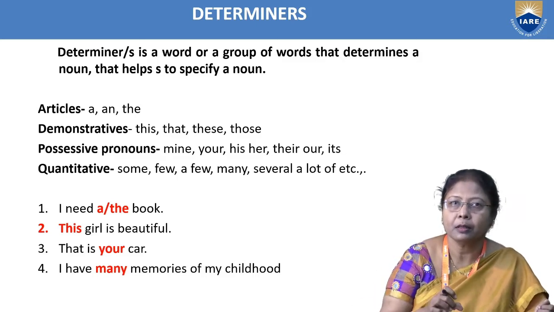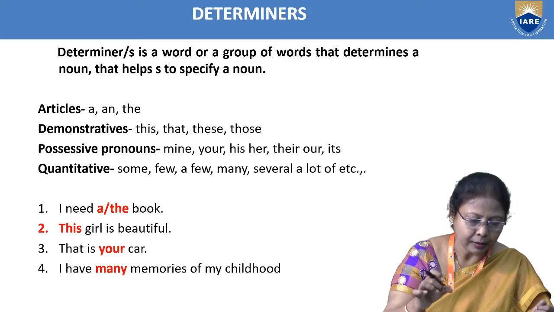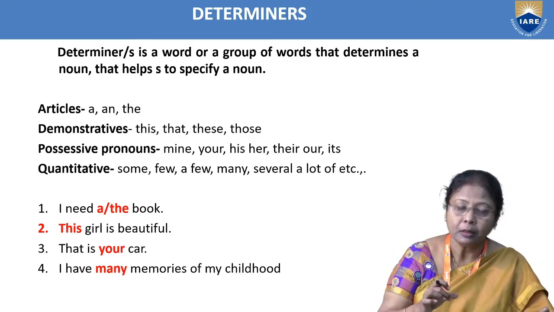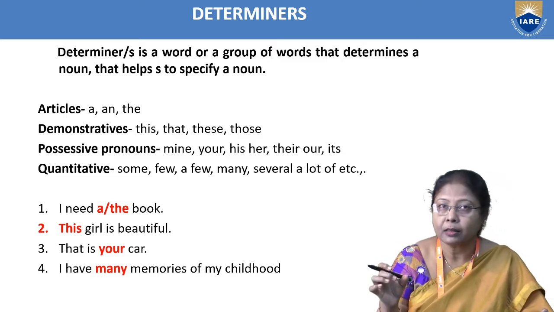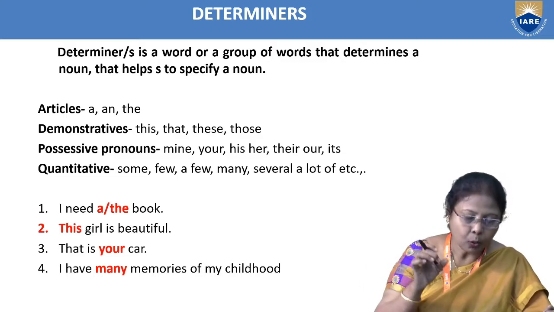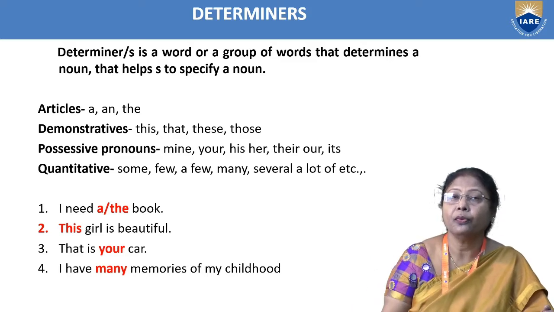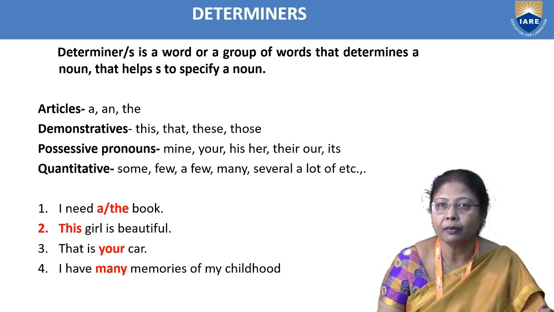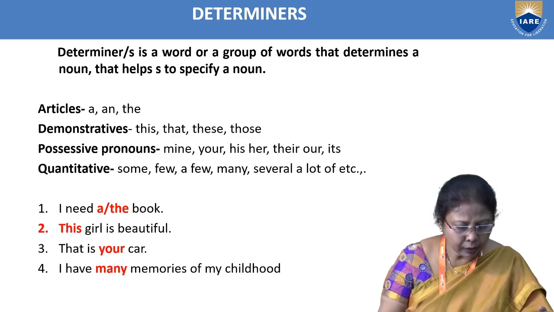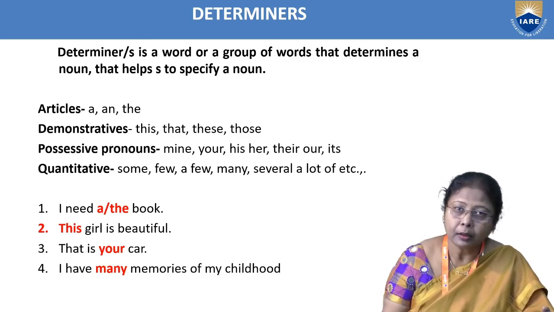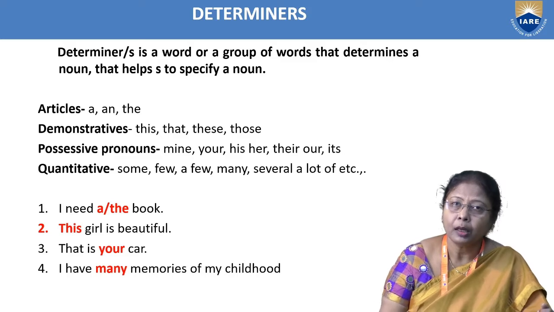These determiners mean articles which act as determiners, demonstratives which act as determiners, possessive pronouns which act as determiners, and then quantitatives also act as determiners of a noun. See here, how these articles act as determiners of a noun.